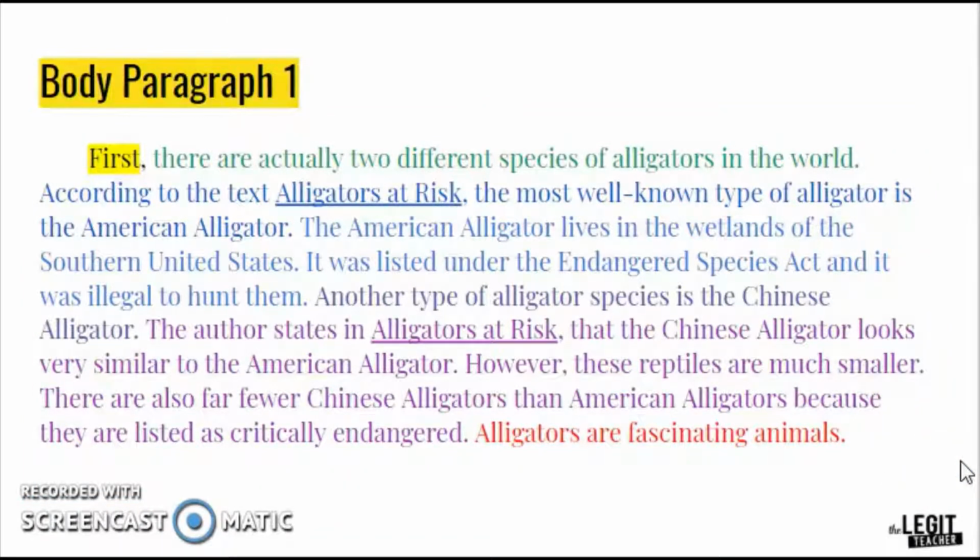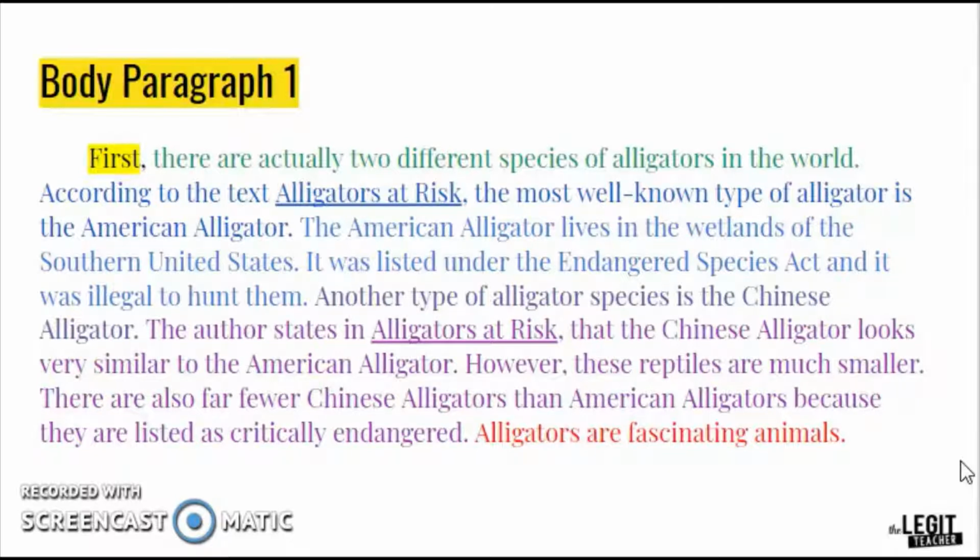So let's read what we have, making sure that it makes sense and that it flows nicely. Body paragraph 1. First, there are actually 2 different species of alligators in the world. According to the text, Alligators at Risk, the most well-known type of alligator is the American alligator. The American alligator lives in the wetlands of the southern United States. It was listed under the Endangered Species Act, and it was illegal to hunt them.